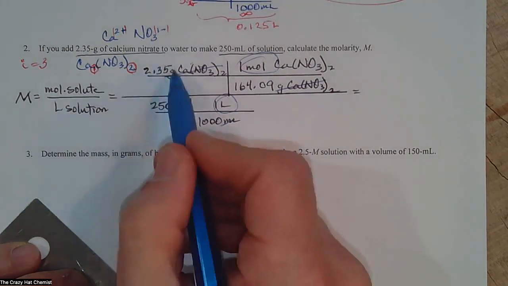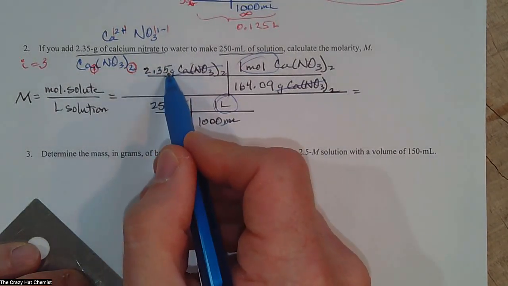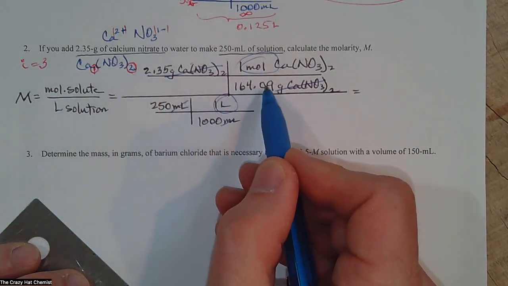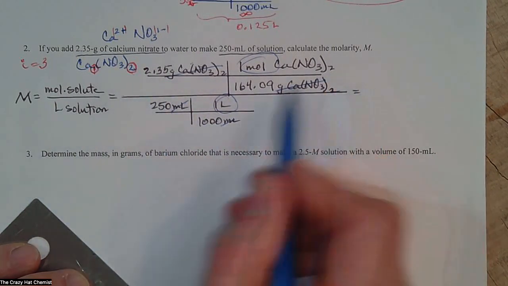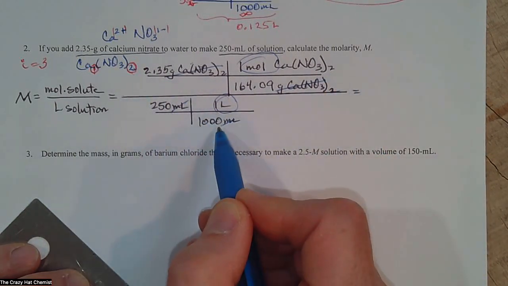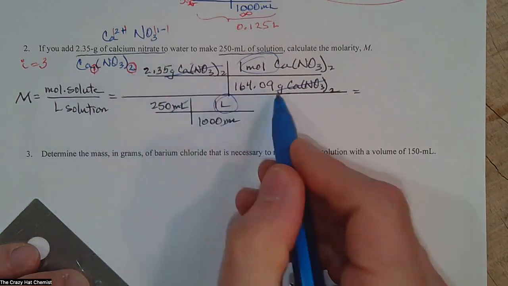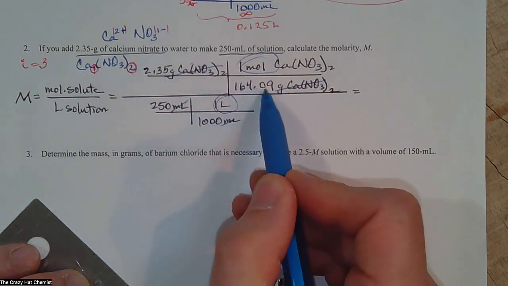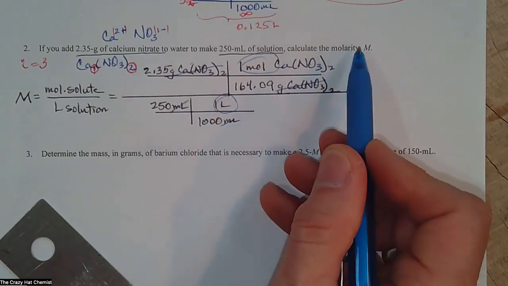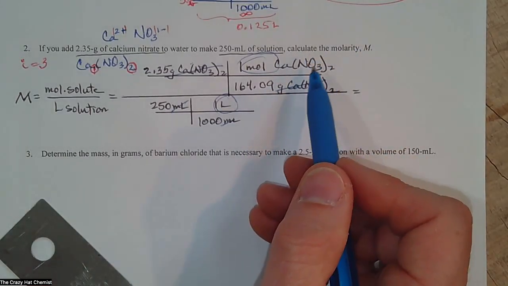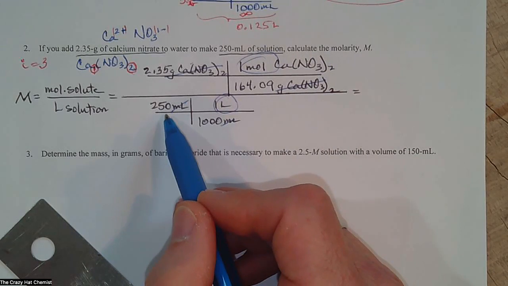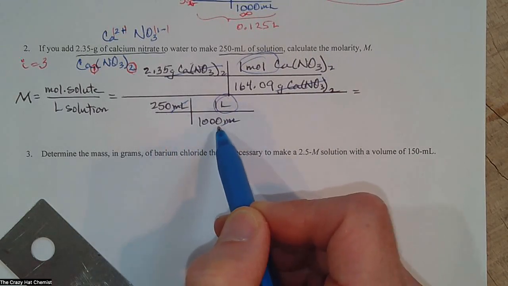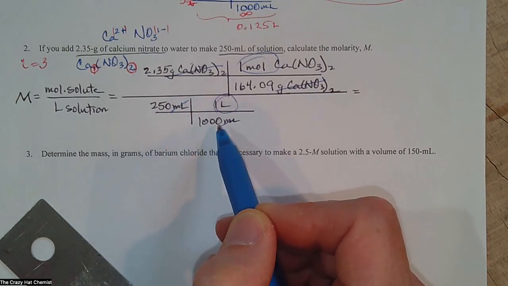So it's really going to be 2.35 divided by 164.09 divided by 250 divided by 1,000. And you can do these in sequential steps if you want. 2.35 divided by 164.09, get a number, put that in the memory of the calculator, and you've got 250 divided by 1,000, and you can put that into the calculator too and get a number.